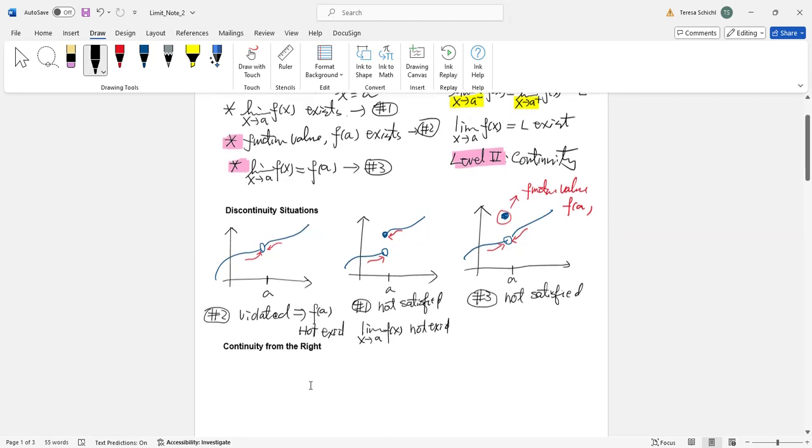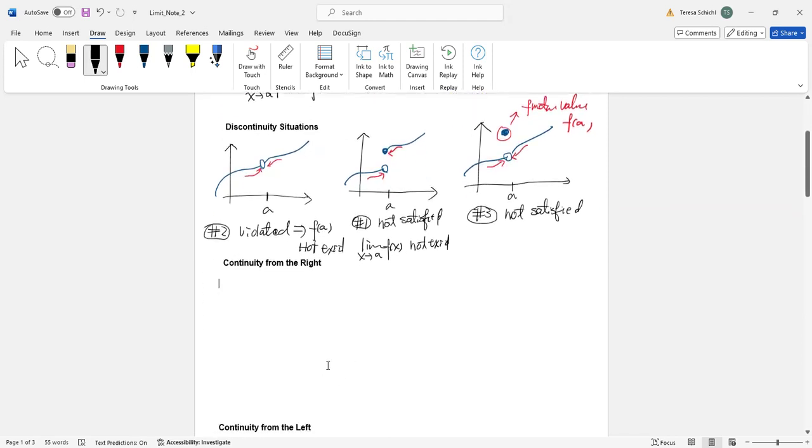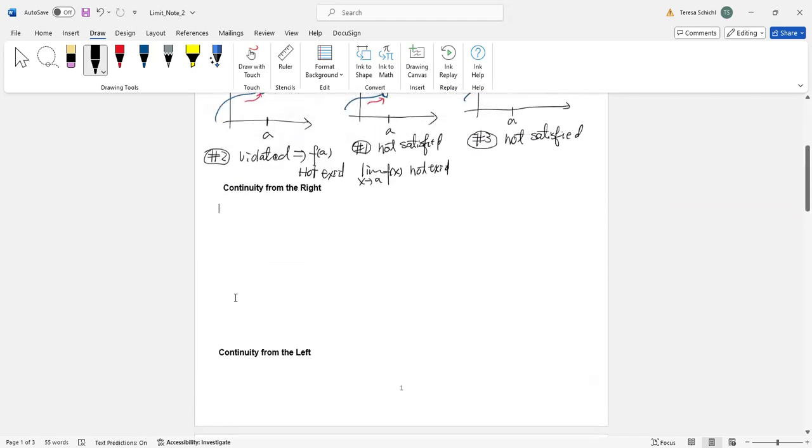Okay, so now let's take a look at how I define continuous from the right and continuous from the left.